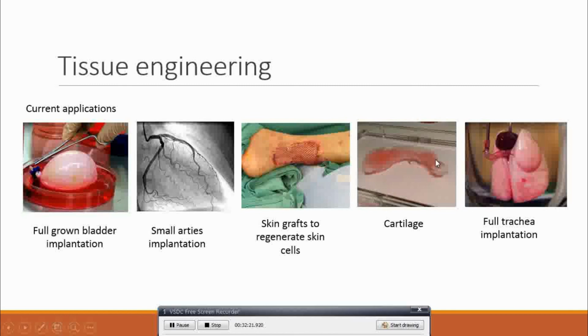Dan cartilage ni benda yang melekat pada tulang, yang join, sambung tulang pada tulang kan. Dia macam benda tisu yang bukan lembut sangat lah, keras kan, cartilage. And then full trachea implantation, ini maknanya pembedahan melibatkan trachea.